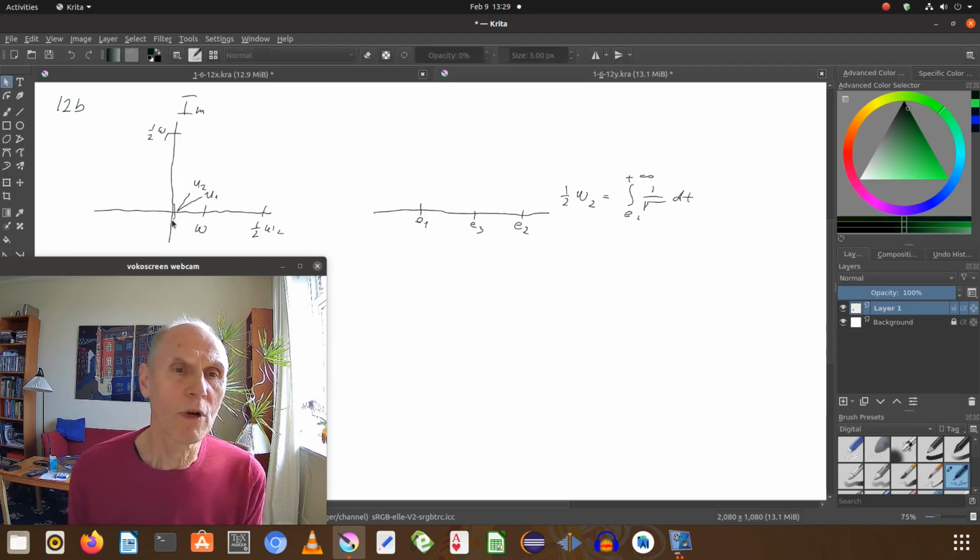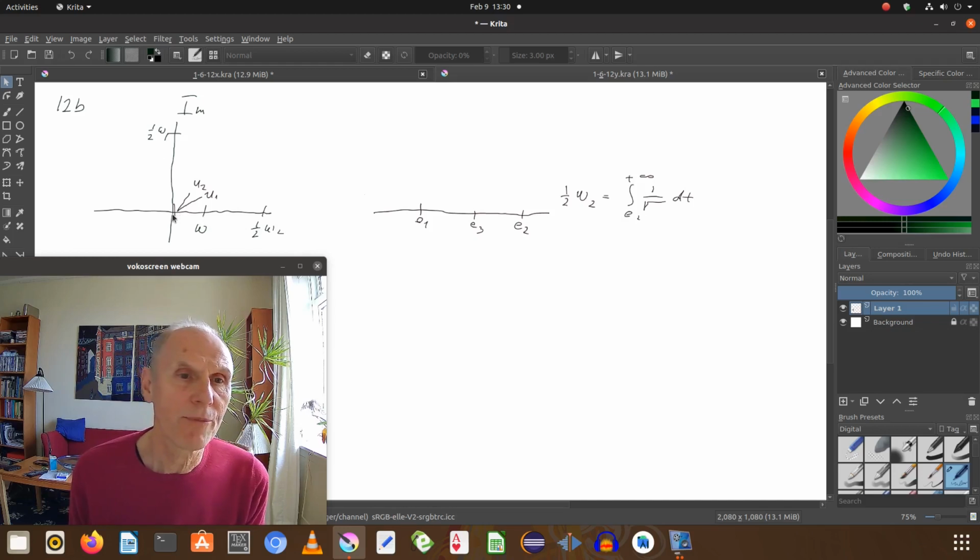Now, what I mentioned was that we have a series expansion around 0 that has a certain radius of convergence. And then I wanted to make analytic continuation out until omega, showing that it had a path along the real axis.